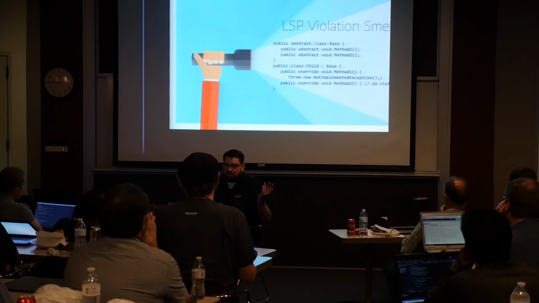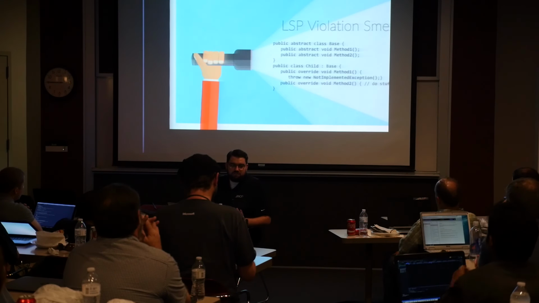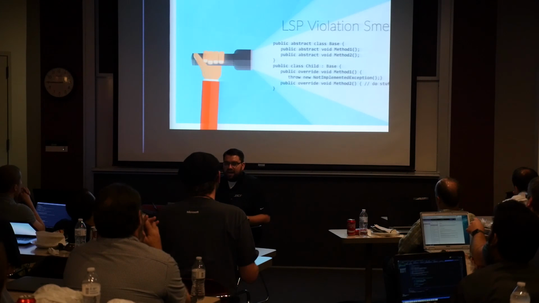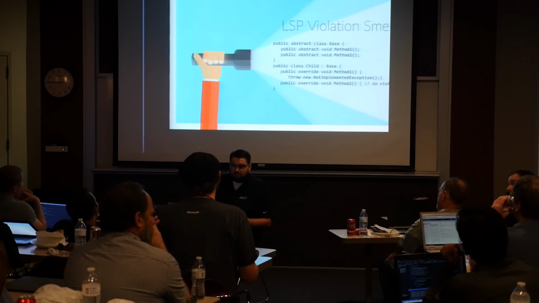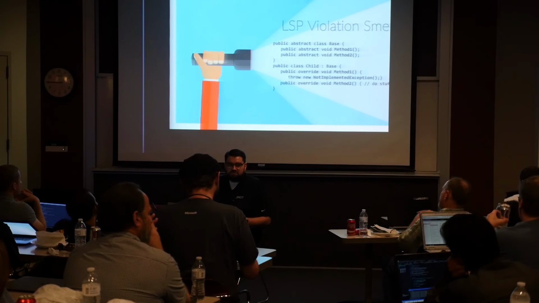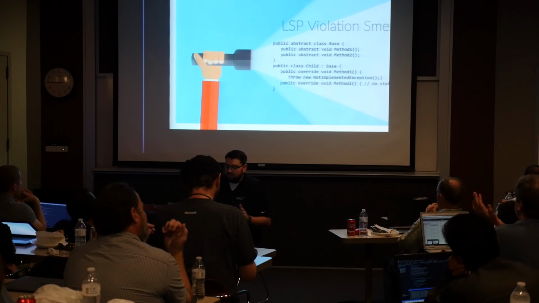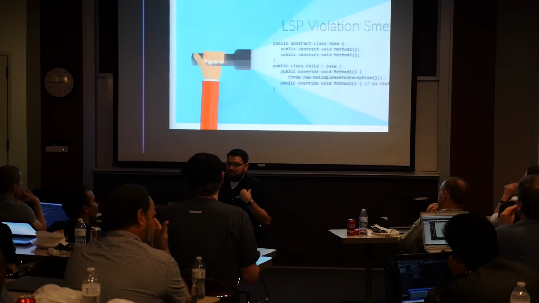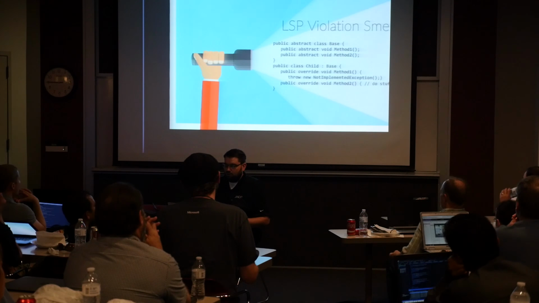If I'm not using it, throw a not implemented exception, no biggie. Well, by inheriting from this abstract class, we are making a handshake deal with our client that other objects inheriting from this class are going to be substitutable. But when we say that we're just going to ignore some methods, we are breaking that trust. While for us it may not be that big of a deal, if we have other calling applications that are depending on that, it suddenly becomes very difficult.